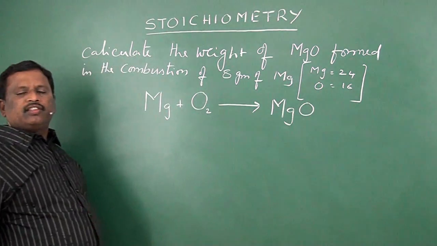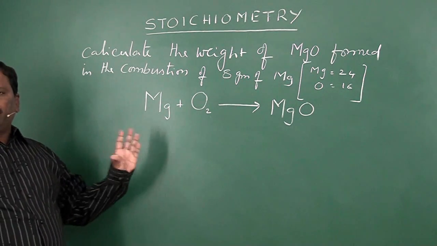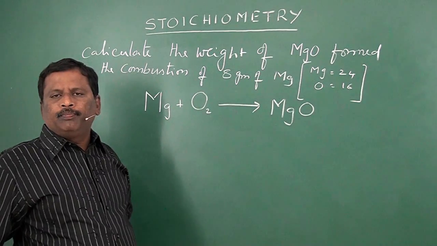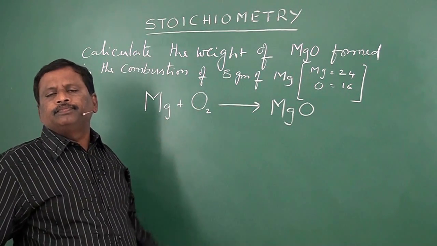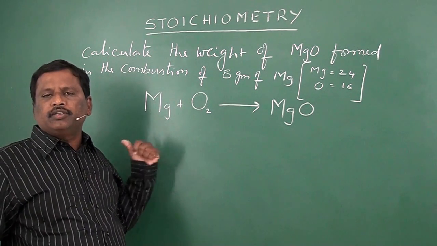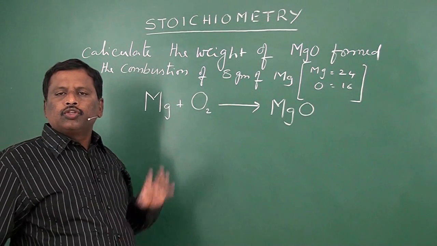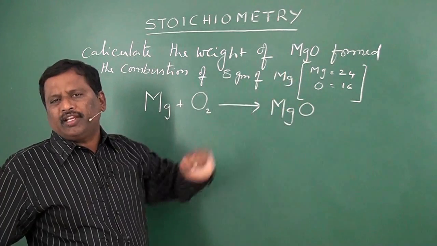This is the required equation. This is the first step. After reading the problem, first you should know what reaction is involved. Magnesium was burned. Magnesium symbol is Mg. In presence of oxygen, oxygen symbol is O2. So Mg plus O2, and it is forming magnesium oxide.